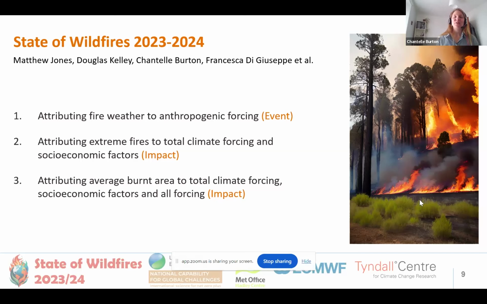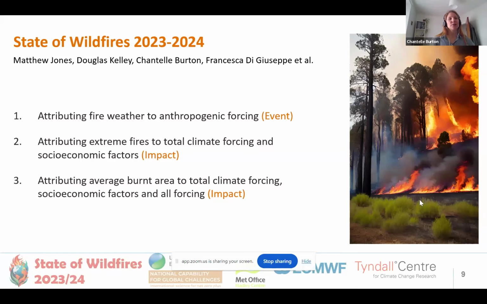This is a report that we're hoping to submit by the end of this month, focusing on wildfires across 2023 and early 2024, looking at any anomalous fires that occurred over the last year, looking at the data to see how unusual they were, and picking out a number of case studies from last year. For example, you may remember the Canada wildfires last year; Greece and South America were very unusual events.